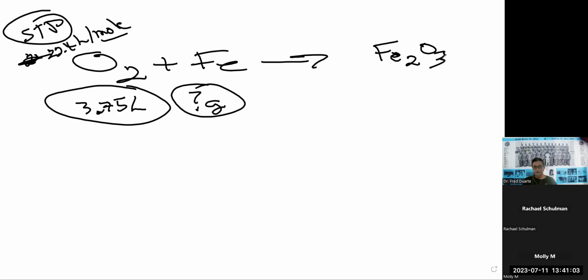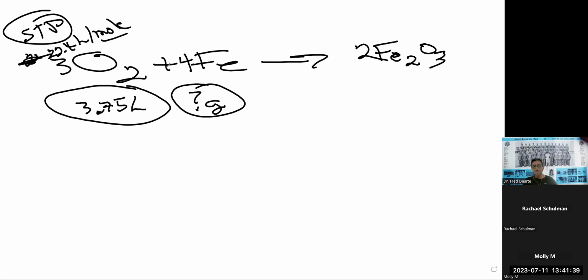A 6. So we can put a 3 here, that gives me 6 oxygens, and put a 2 here, which gives me 6 oxygens. So the oxygens are balanced. And in the process of doing that, that kicks up my iron to 4, so no problem. We go over here and put a 4 in front of iron. So it looks like we're balanced. The mole ratio is 3 O2 requires 4 Fe to give us 2 molecules of Fe2O3. Okay.